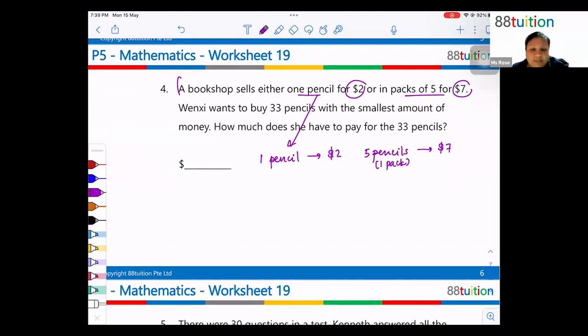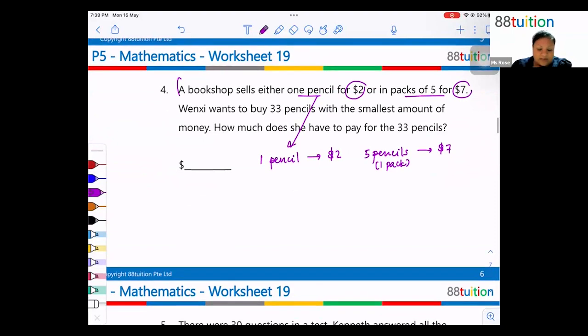All the time, when you see this kind of question, this question is known as grouping. You cannot split this into individual pencils. It has to be sold in a group, or in one pack. You cannot split them up. So you cannot take 7 divided by 5 pencils. You can't do that. You have to see it as one group.